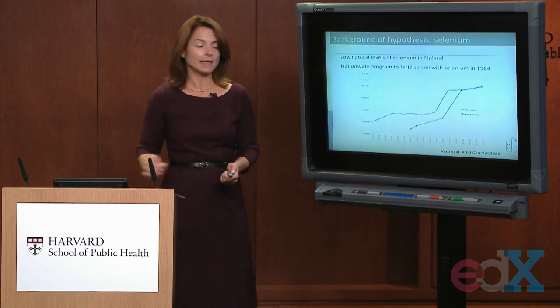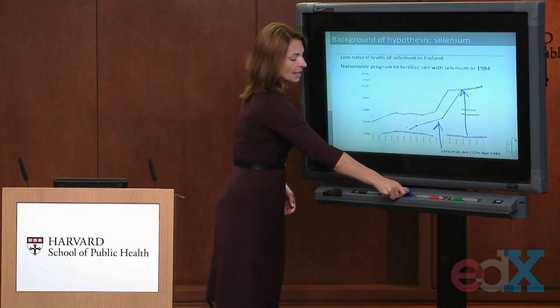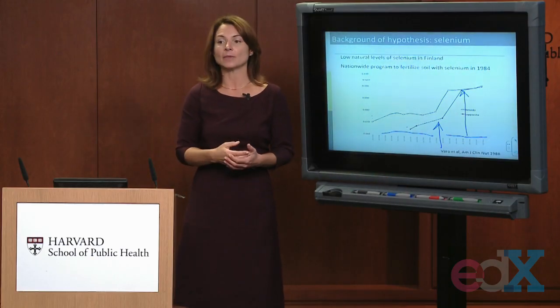Similarly, if you looked at the blood levels of different people in Finland, in two different cities, you can see that the levels of these Finnish residents are much higher in the time point after the fertilization compared to before. So this is to say that we really need a biological marker of selenium in order to study the association between selenium and advanced prostate cancer.